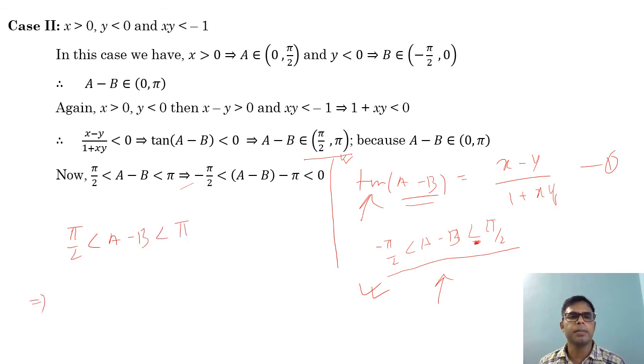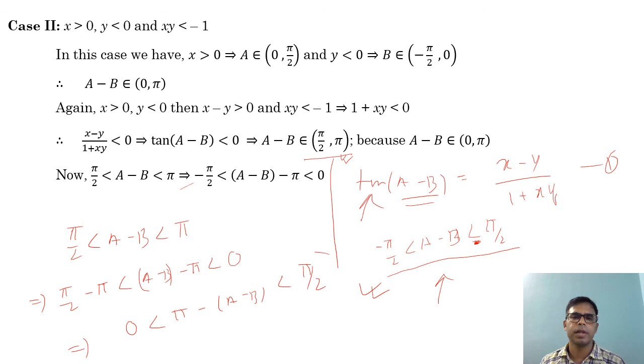Take a pi minus in all parts, that is pi by 2 minus pi, then a minus b minus pi, then this will be 0. That is the concept actually. Then again take a negative sign into here. So this is 0 less than pi minus (a minus b), then less than pi by 2. So I am using this now for the formula.